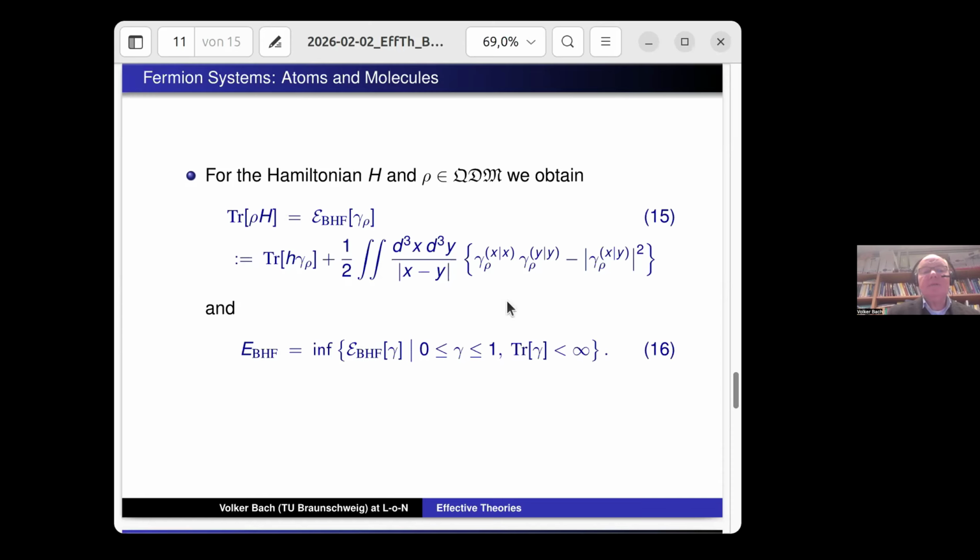Namely, these are all trace class operators which have eigenvalues between 0 and 1. So we obtain a simple formula: the Bogoliubov-Hartree-Fock energy is the infimum of the Bogoliubov-Hartree-Fock functional over fermion density matrices between 0 and 1 and finite trace. The latter is to ensure that we have finite values of the functional.